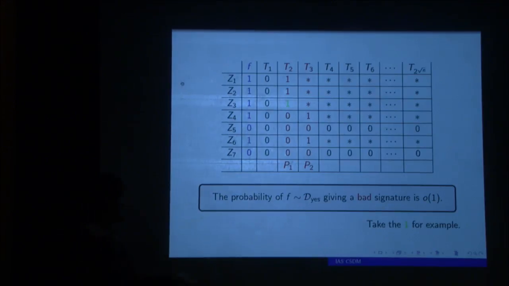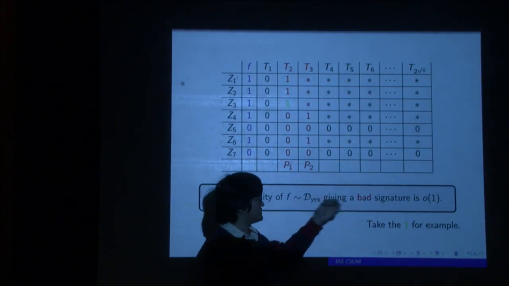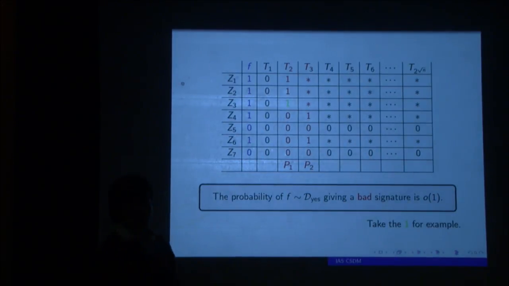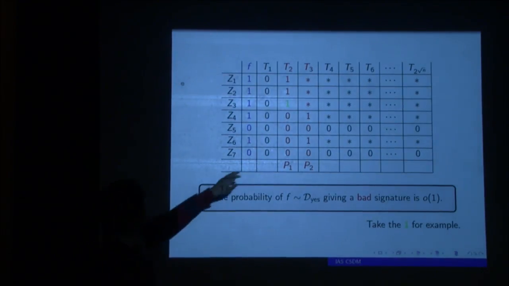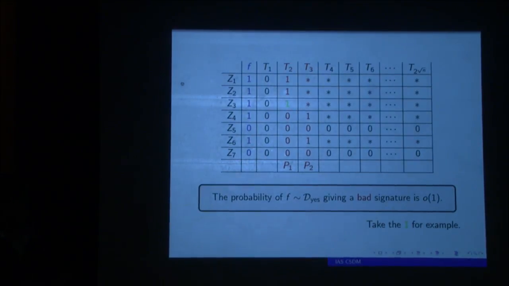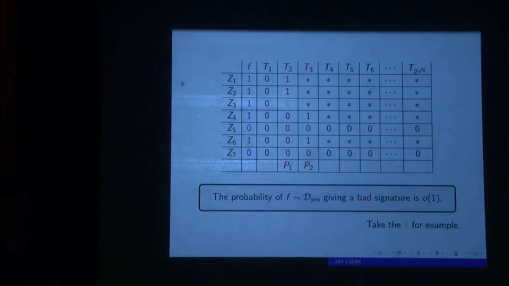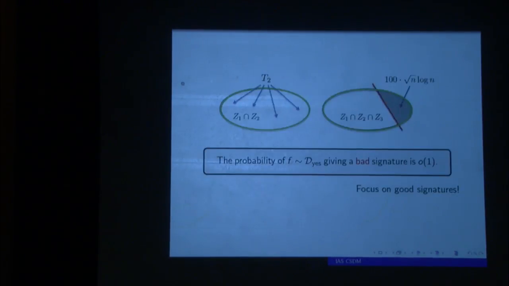And I want to say the probability of a function drawn from the yes distribution giving you a bad signature is tiny. Let's take this green entry as an example. Before adding this entry, we have P1 containing Z1, Z2. Adding this entry suddenly makes their common ones drop by a lot. And I claim this is very unlikely, just because before seeing this Z3, the term is like uniform over the intersection of Z1 and Z2.